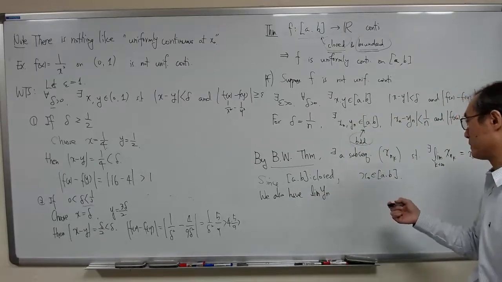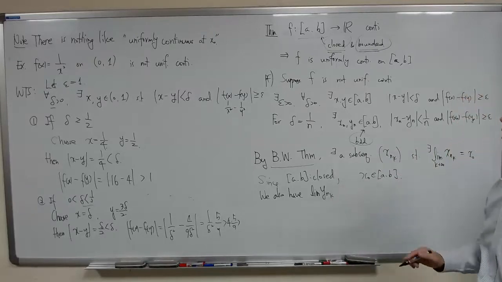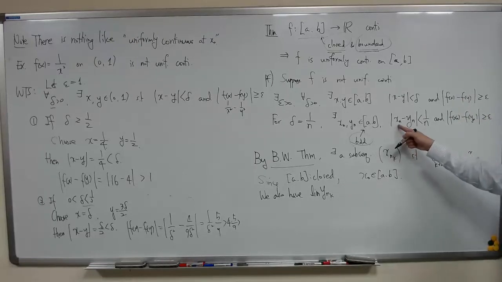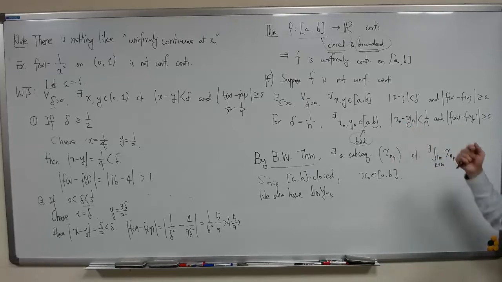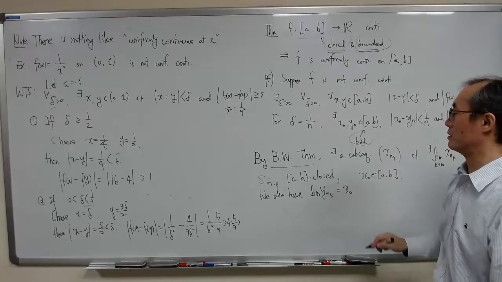Actually, not the original sequence yn, the subsequence ynk with the same index. There's xnk converges to x naught. And xnk, the difference between xnk and ynk gets smaller and smaller. So this subsequence also converges to x naught, the same limit.